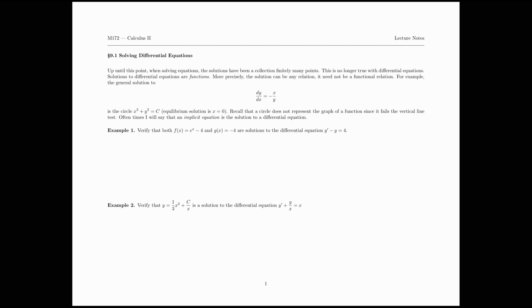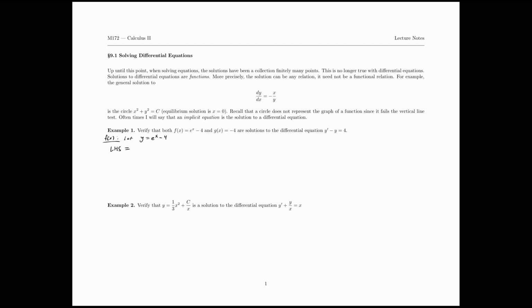So I always do this by looking and working with one side at a time. So for our f of x example, we're going to let y equal f of x, which in this case is e to the x minus 4.